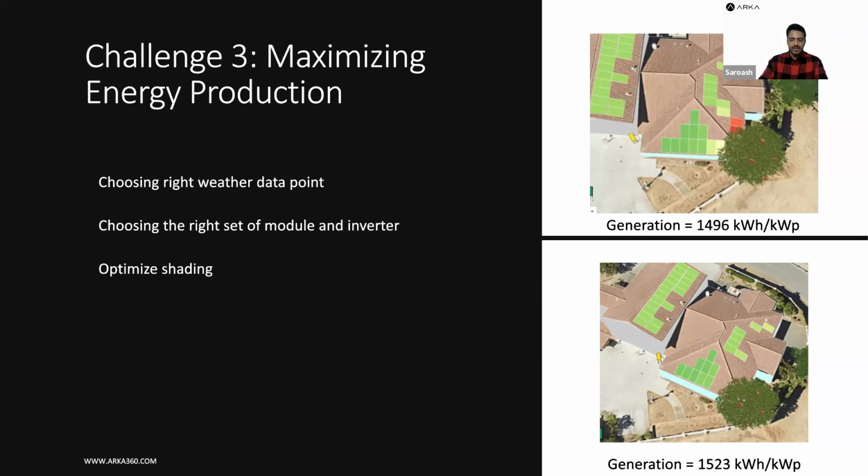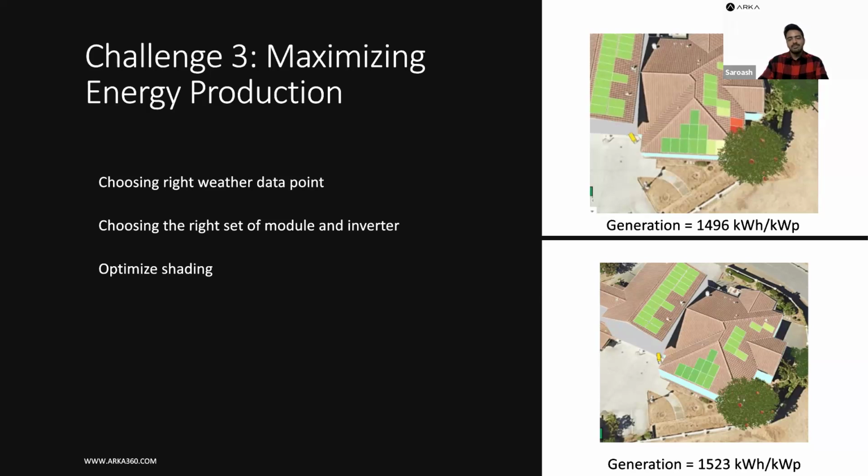So always cross-verify when you are selecting an address or doing the irradiance analysis to have the nearest weather data point. So you get the right irradiance analysis and the right wind speed calculation. That will also help you do the structural analysis that most people don't pay attention to. So it's really important to select the right data point.